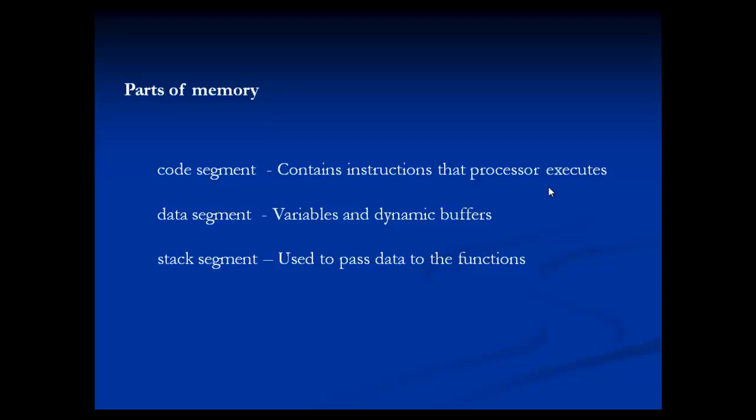And the data segment consists of variables and dynamic buffers. And finally, the stack segment is actually used for passing data to the functions. It is very useful when functions are getting called. We'll see an example of how it works.